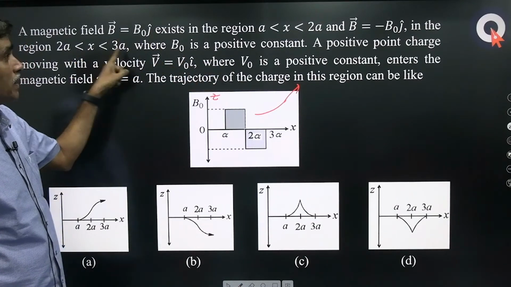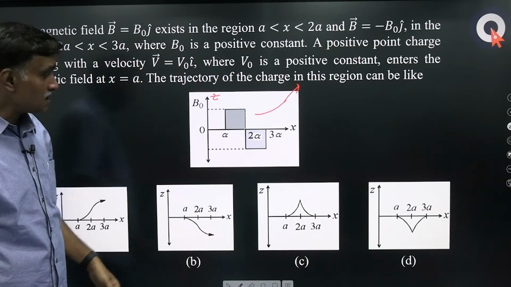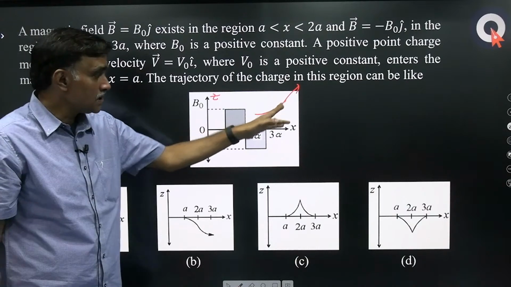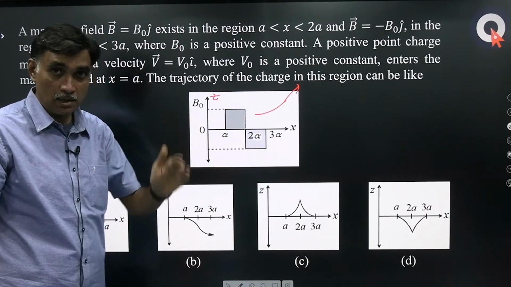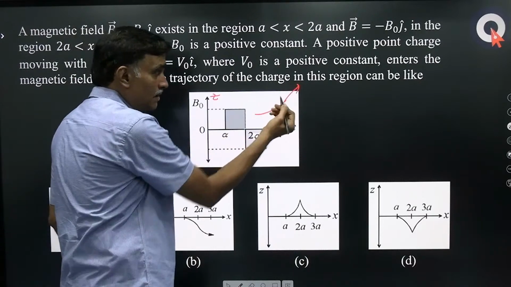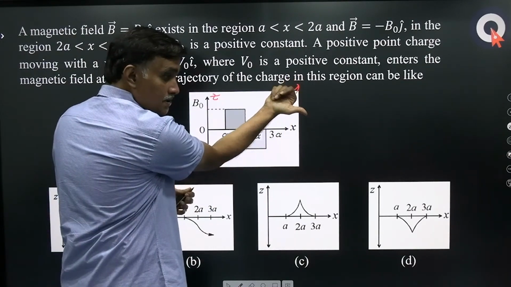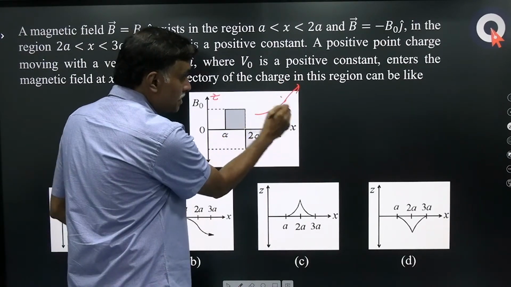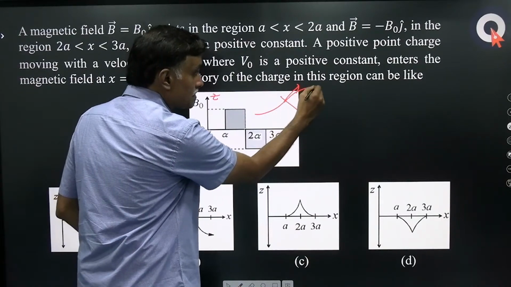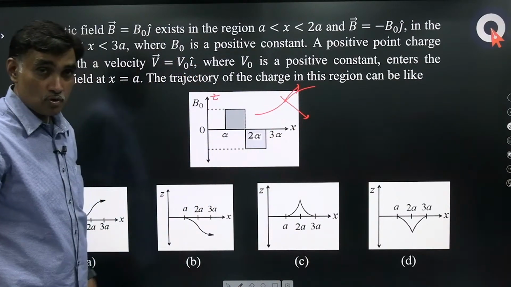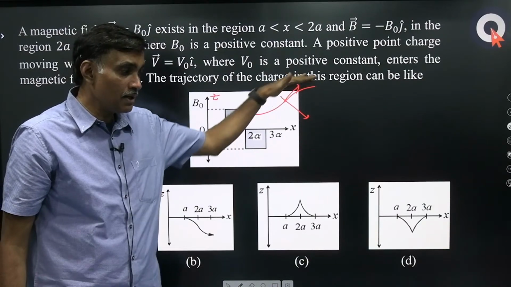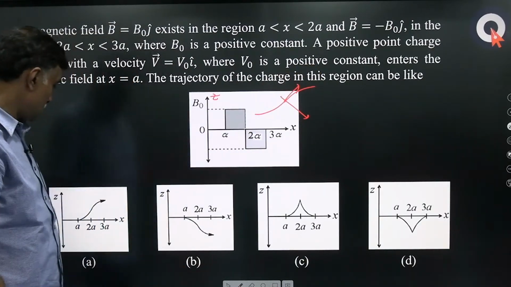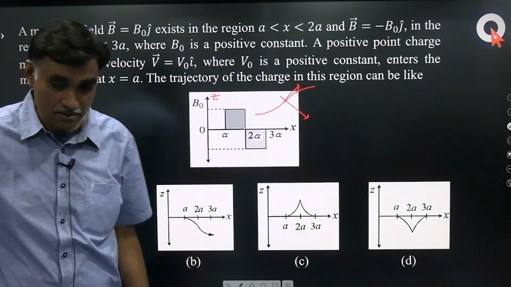Minus b naught j bar means that once it comes to 2A, the magnetic field is towards you, and the velocity is in this direction, so the force will be like this. So the force is in this direction at that instant, and it will follow some path like this. Between A and 2A it follows a path like this, and from 2A to 3A it will follow a path like this. Okay, so A is the correct answer.